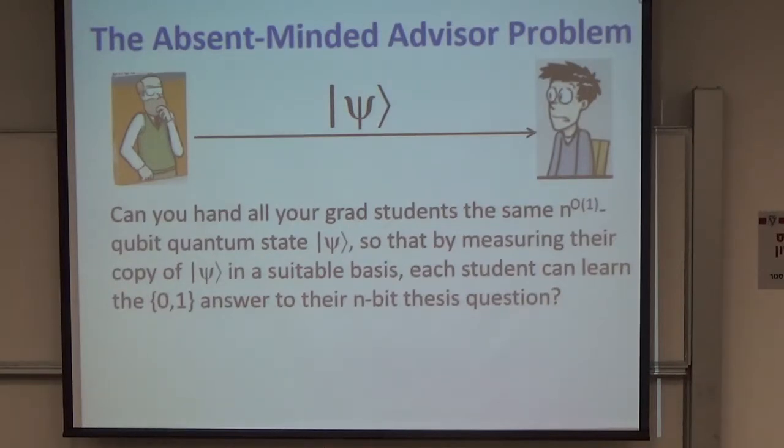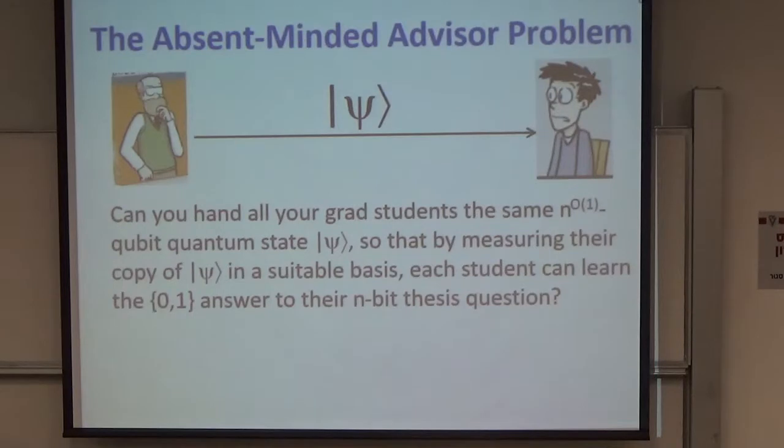And our question is, could the advisor achieve a large compression by sending a quantum state to each student? So, could the advisor send a quantum state of, say, n squared qubits or something like that? Now, this is a little different from Holevo's theorem because we're not asking that a given student be able to learn the answer to every such problem, right?